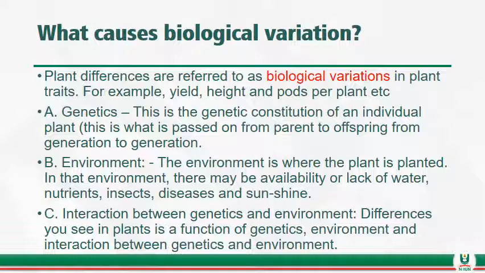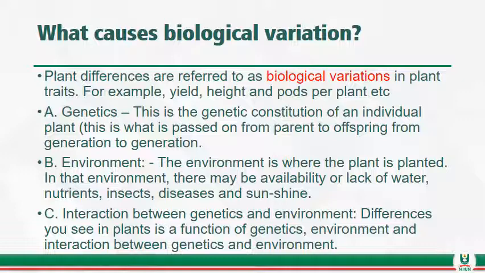Number one is the genetics. Genetics is talking about the genetic makeup of that individual. What did the parent transfer to his offspring that is being passed from generation to generation? So you as an individual, you are a result of your genetic makeup and the environment and the interaction between the genetics and the environment.